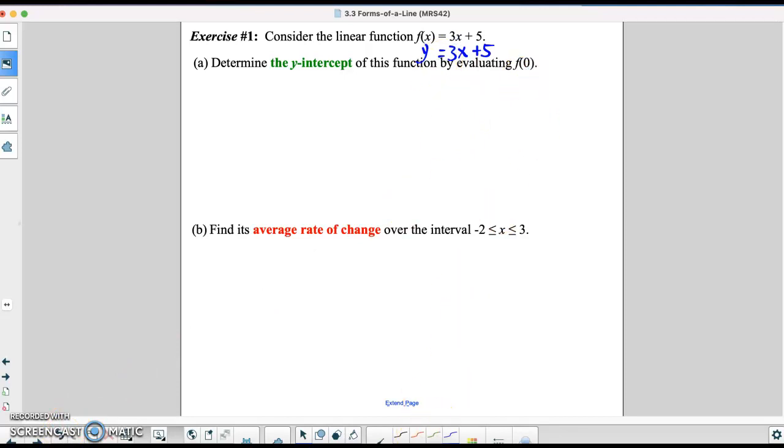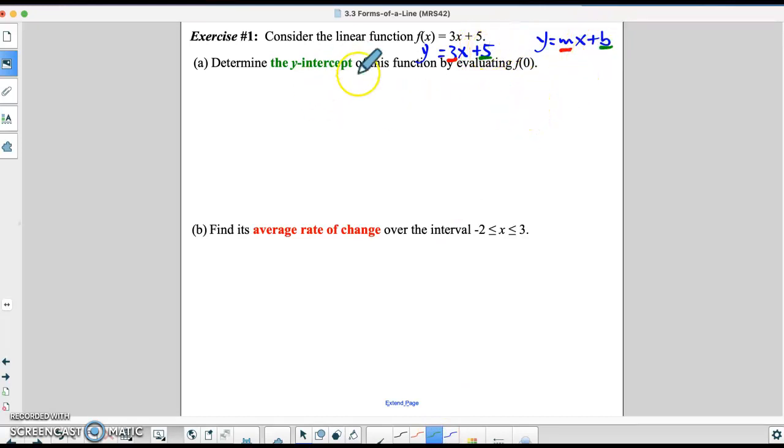Let me copy down what it looks like when we have y equals mx plus b. If you compare those two, you will notice 3 is the m, the slope, and the number itself, the constant, is the y-intercept.